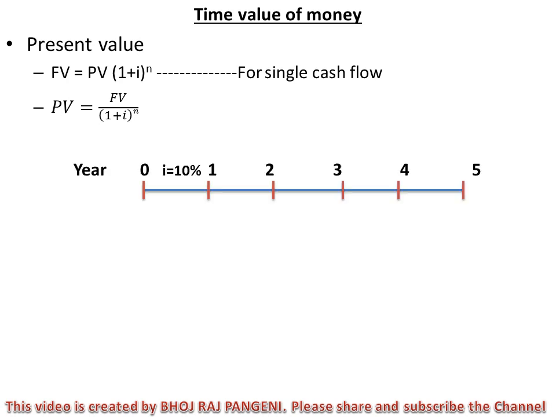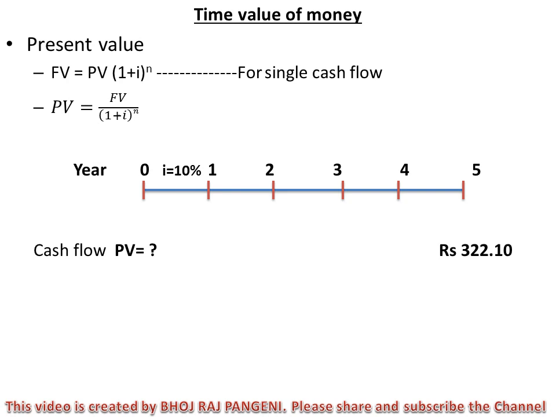So again consider the same timeline. We don't know the PV, but we have the FV information, that is the cash flow at year 5, rupees 322.10.